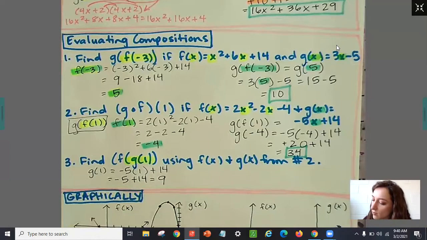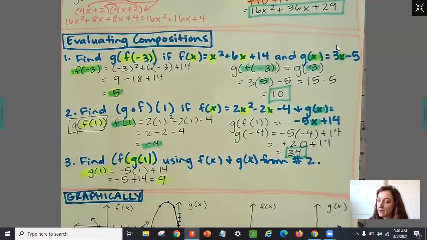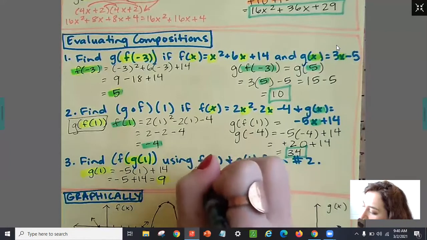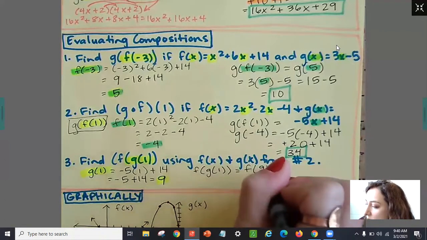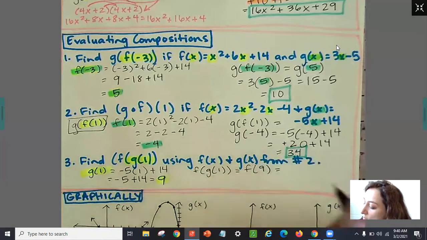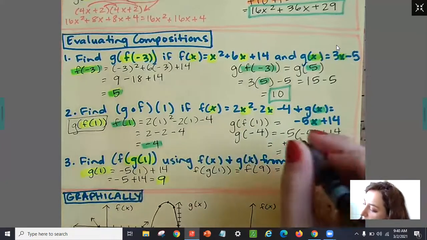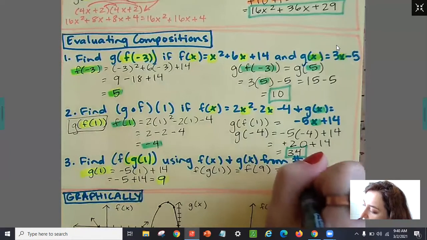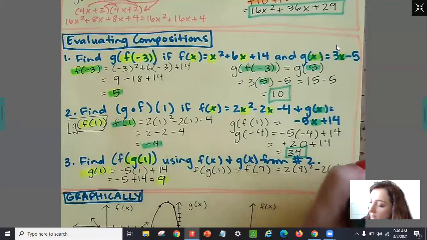Okay, so now we know that g of 1 is 9, so we're going to plug that in for f of x. So f of g of 1 is now going to be the same as f of 9 because we know that g of 1 is 9. So we're going to plug 9 into this equation here. So 2 times 9 squared minus 2 times 9 minus 4.